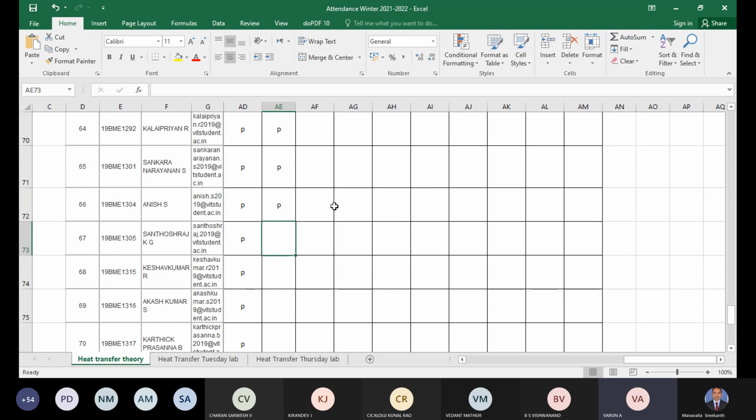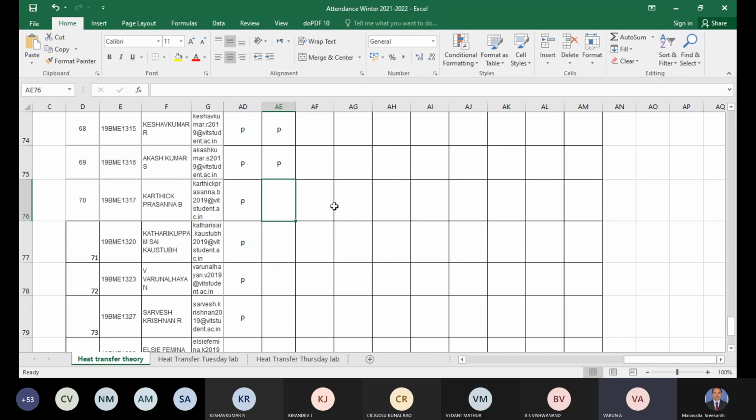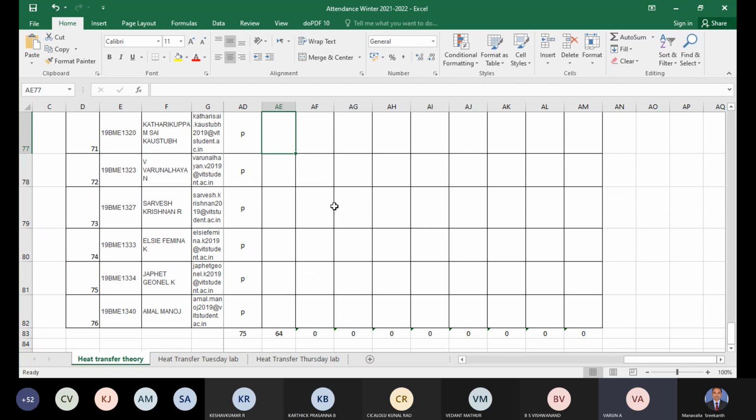Santosh Raj, Present, sir. Keshav Kumar, Present, sir. Akash Kumar, Present, sir. Karthik Prasanna, Present, sir. Sai Kaustubh, Present, sir. Varun Halyan, Present, sir. Sarvesh Krishnan, Present, sir. Elsie Femina, Present, sir. Amal Manoj, Present, sir.